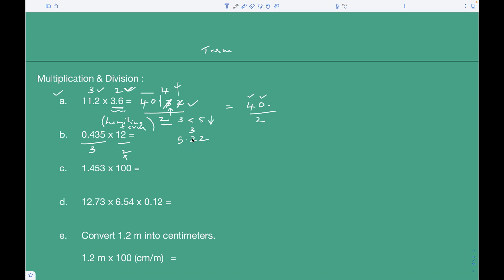So we have to round this result to 2 significant figures. That means we have to keep these 2 digits and drop this one. And the only digit that is getting dropped here is 2, that is less than 5, so we have to round it down. That means we have to simply drop this unwanted digit and leave the remaining number as it is. So the answer to this calculation is 5.2.